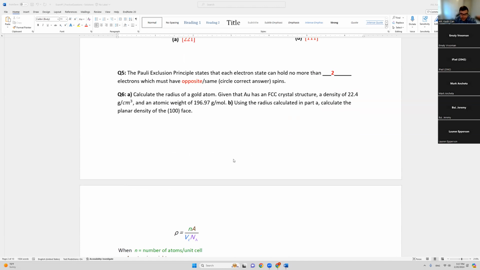Given that gold has an FCC crystal structure, a density of 22.4 grams per centimeter cubed, and an atomic weight of 196.97 grams per mole. We are asked to find the radius of this gold atom. And in the second part, using the radius calculated in part A, calculate the planar density of the 100 plane.